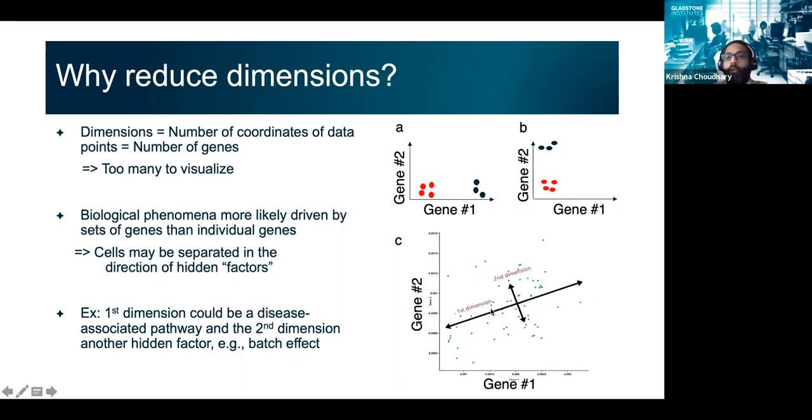So when we are doing the linear projection, what we want to do is reorient our data such that we are looking at it from the perspective of these hidden factors, which are associated with, again, the pathways that are altered or perturbed in the presence of the disease. Does that make sense?